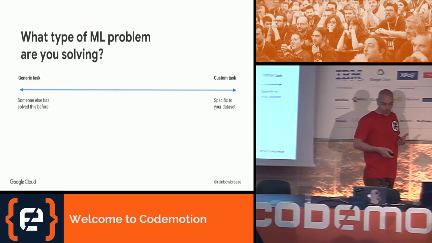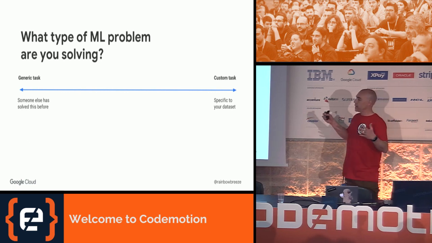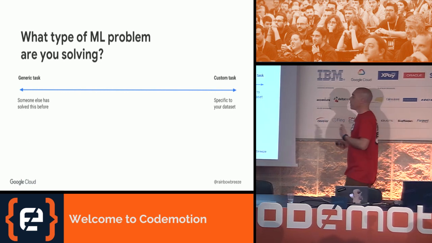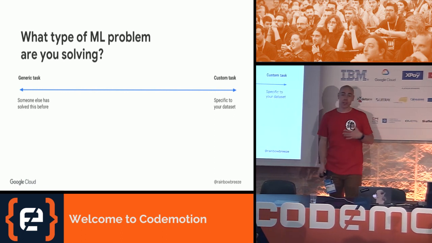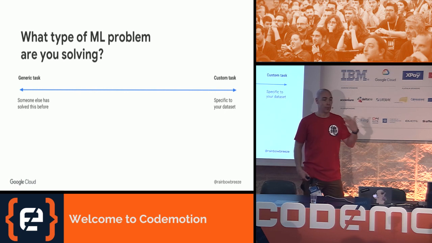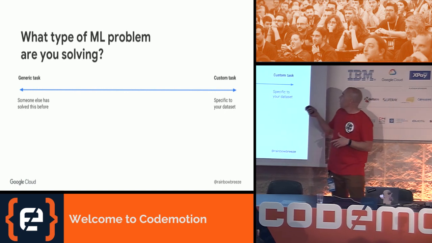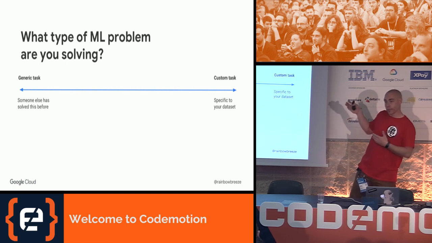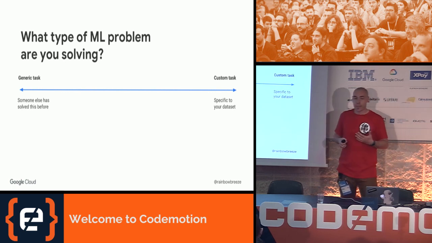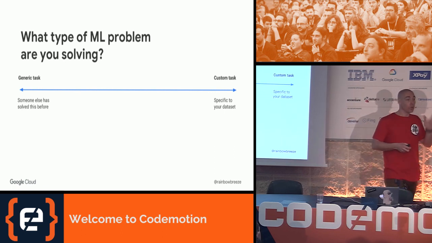If we think about a machine learning problem, there is a spectrum. On one side, you have a very general task, something that has already been solved by someone else, and you can simply copy the solution. On the other extreme of the spectrum, there is a custom task, a very specific need you and only you have.